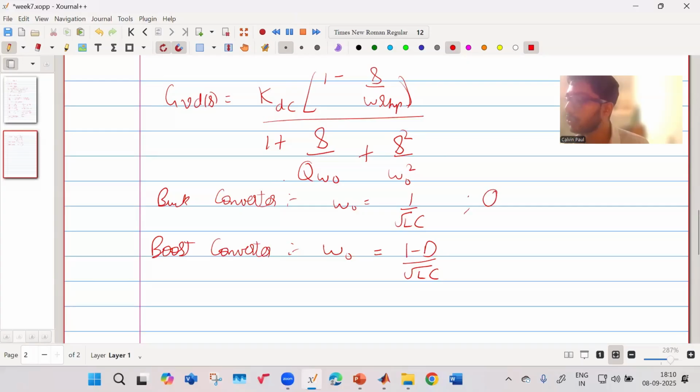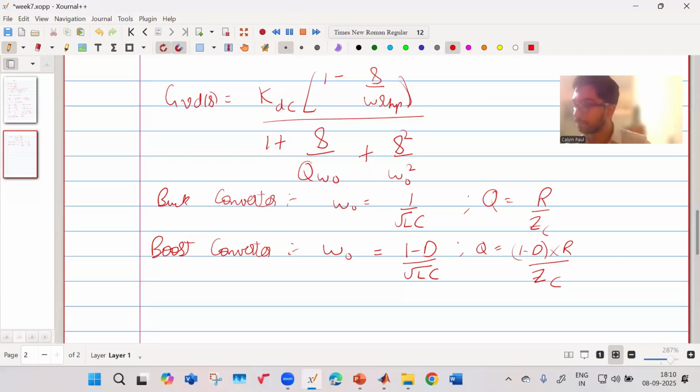Now, Q is your quality factor. For a buck converter, it is given by R upon ZC. And for a boost converter, your Q is given by (1 minus D) into R upon ZC.